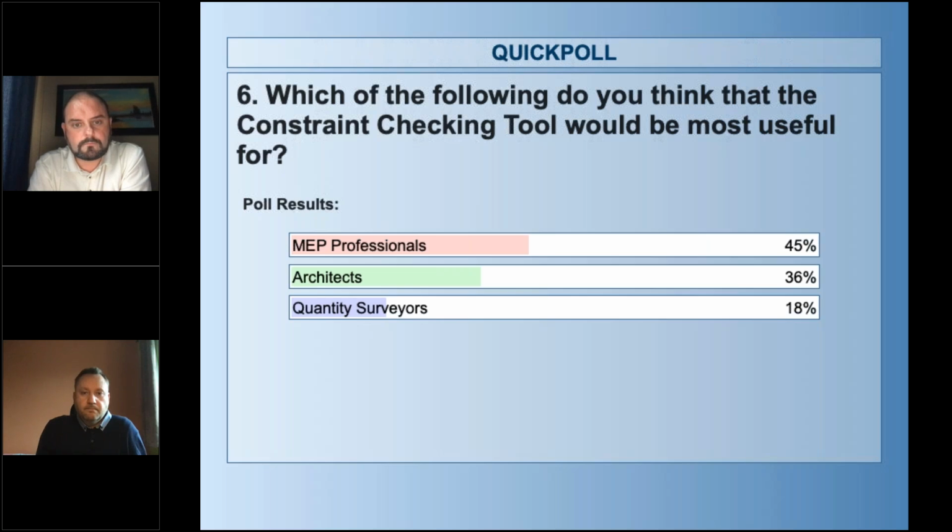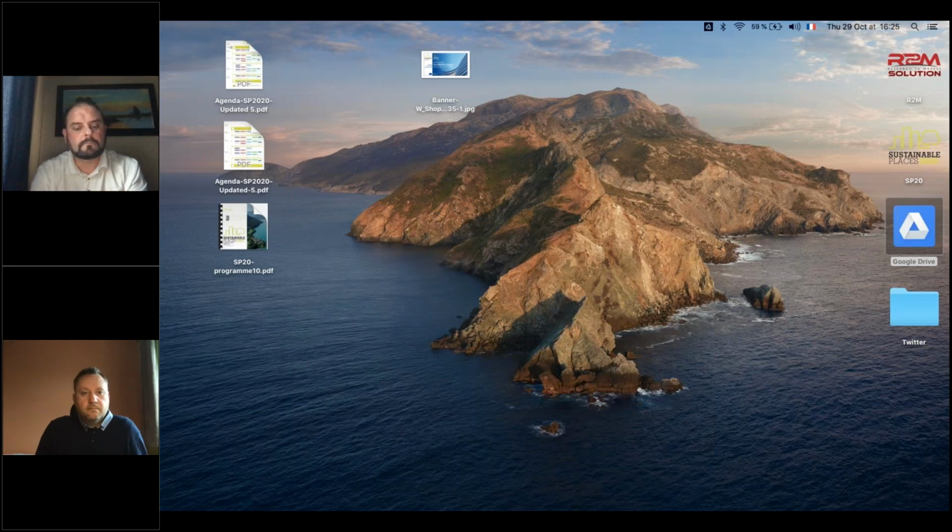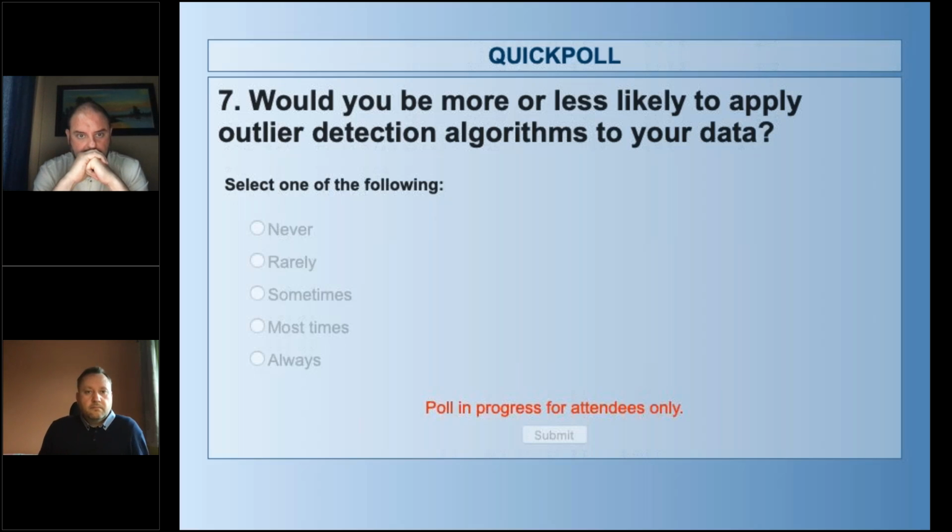Okay, so now we have a last question for this poll. I will run the last question. Would you be more or less likely to apply outlier detection algorithms to your data? Select one of the following: never, rarely, sometimes, most times, always. So please, if you could cast your votes.